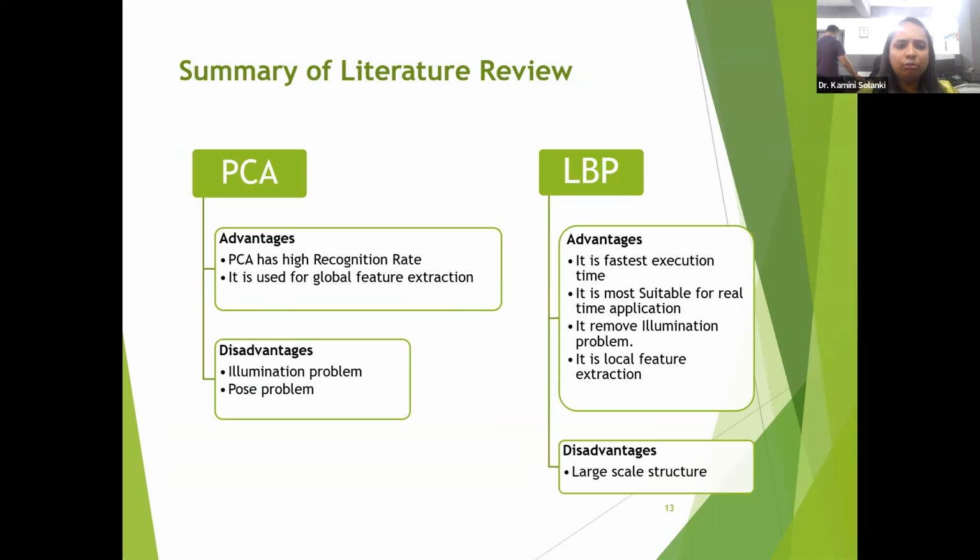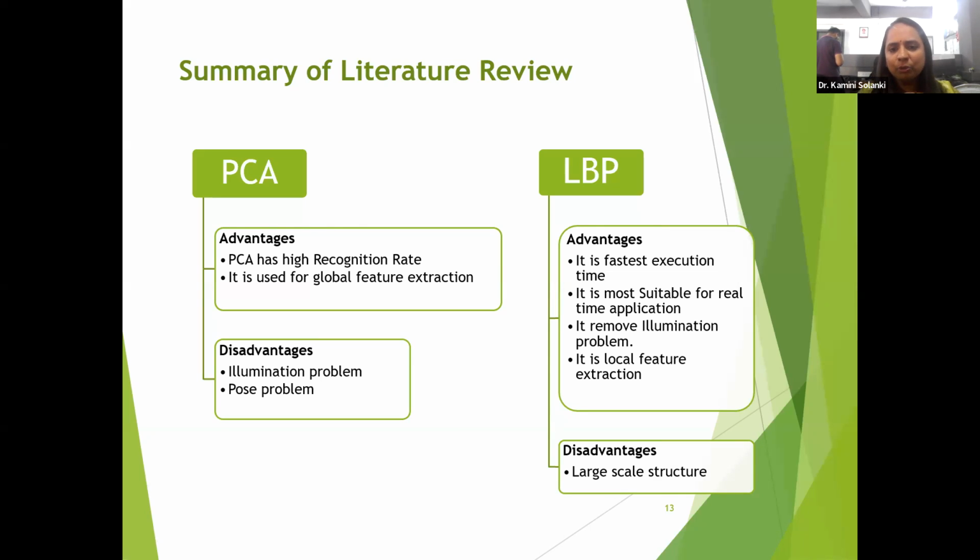Now why have we selected the PCA and LBP algorithm combination? In the PCA algorithm, the main advantage is a high recognition rate because it fetches the best and maximum features from the face data, and it can work on a global feature, meaning the shape of the face. The disadvantage is that it cannot work very well on the illumination problem and the pose problem.